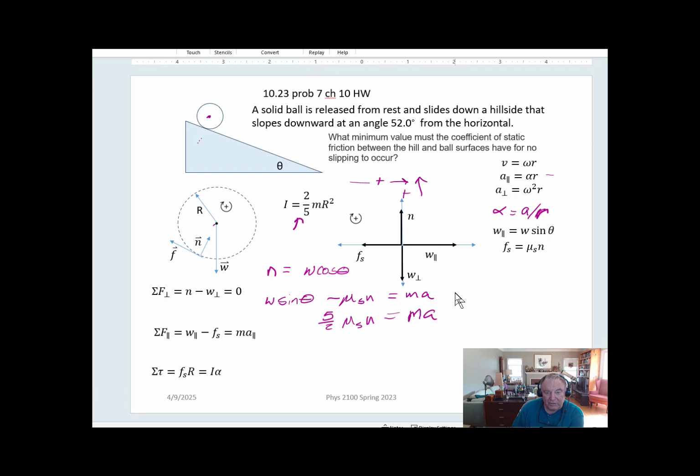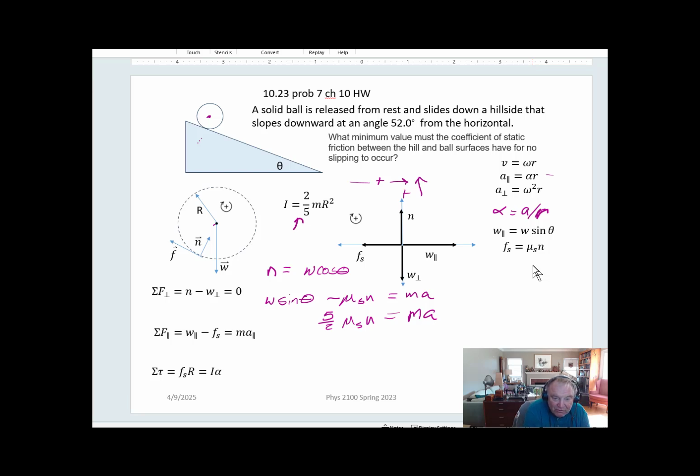Basically we have three equations, and mu sub s is unknown, or suppose W and n are unknown. We're given the angle, but we expect that the mass is going to disappear, and we don't know exactly what the acceleration is.